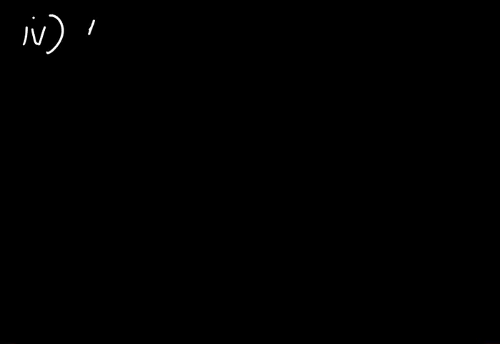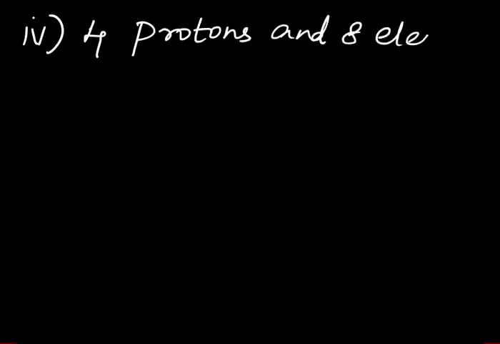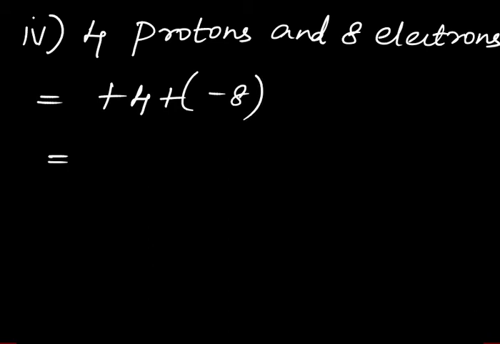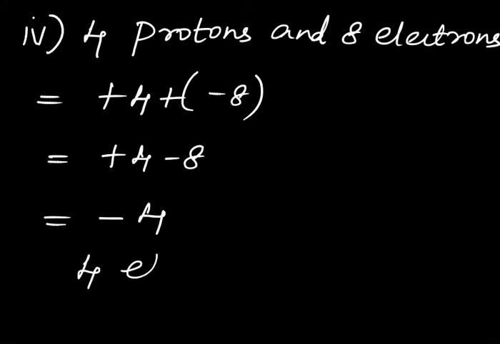Next question, 4 protons and 8 electrons. Protons are positively charged, so plus 4, and 8 electrons, so minus 8. Remove the brackets, plus 4 minus 8, that is minus 4, so 4 electrons.